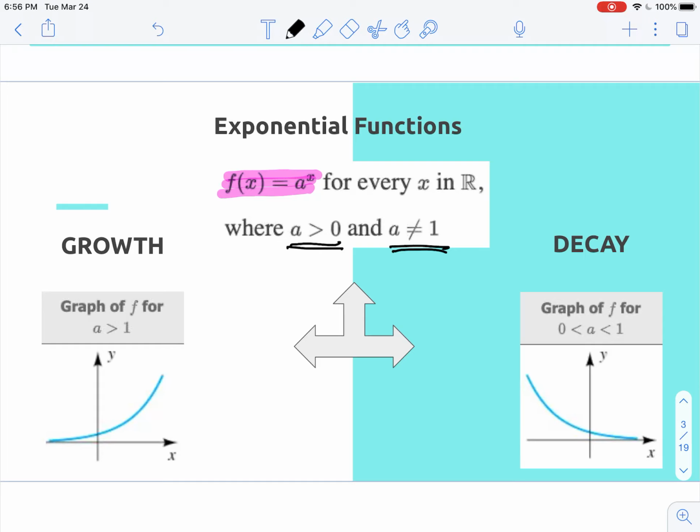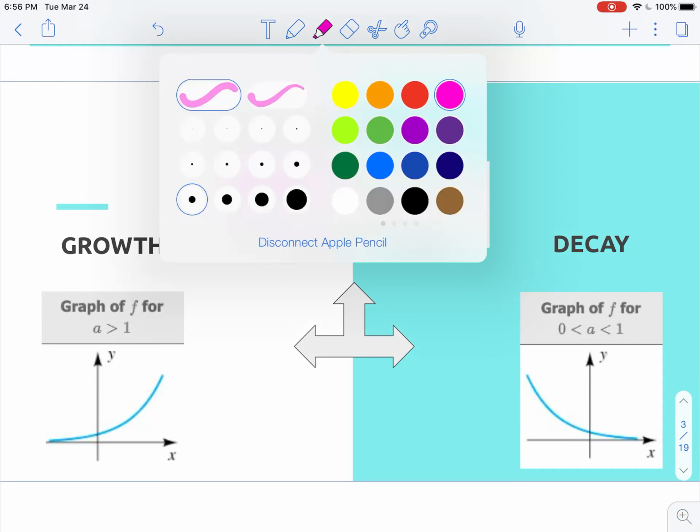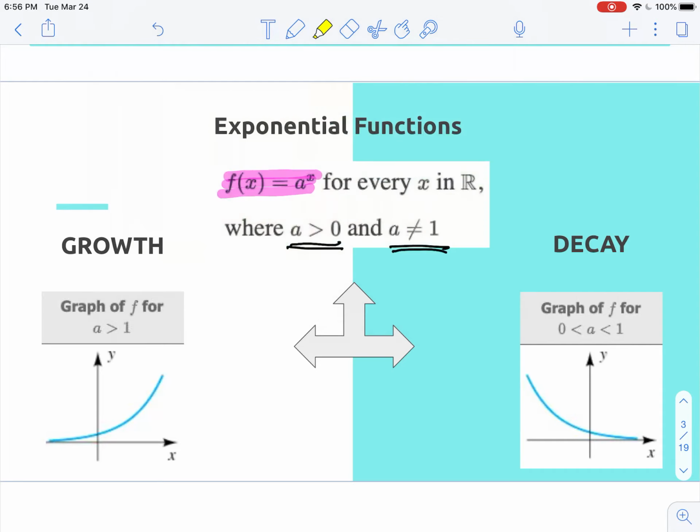Now there's going to be two main categories of exponential functions that we talk about. The first category is the growth functions. In a growth function, you're going to have a graph that looks like this right here below. You'll know that it's a growth function if the a value in your equation is bigger than 1.